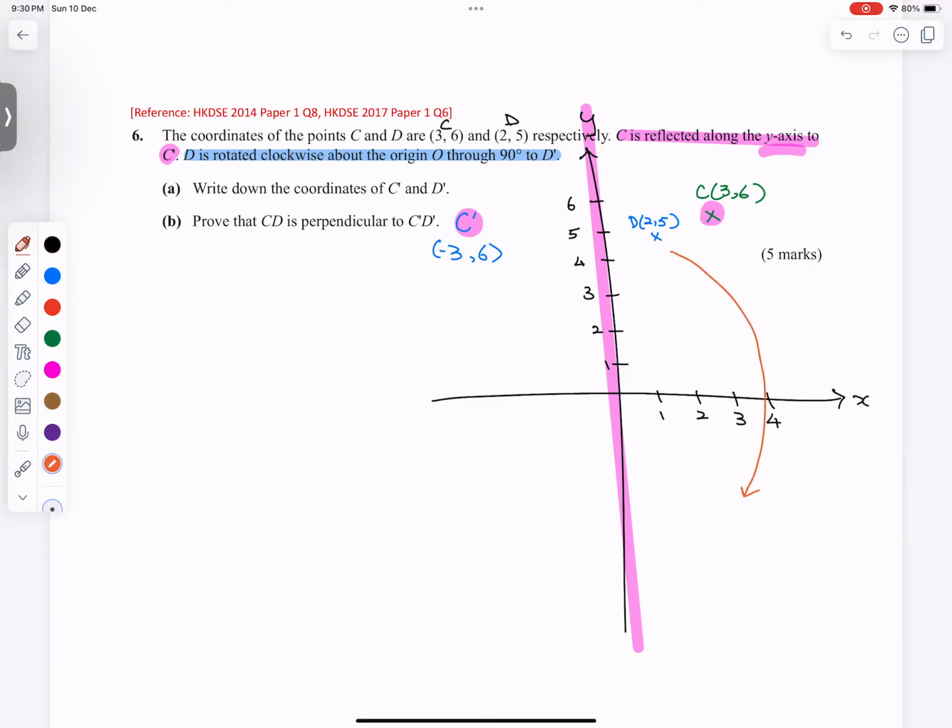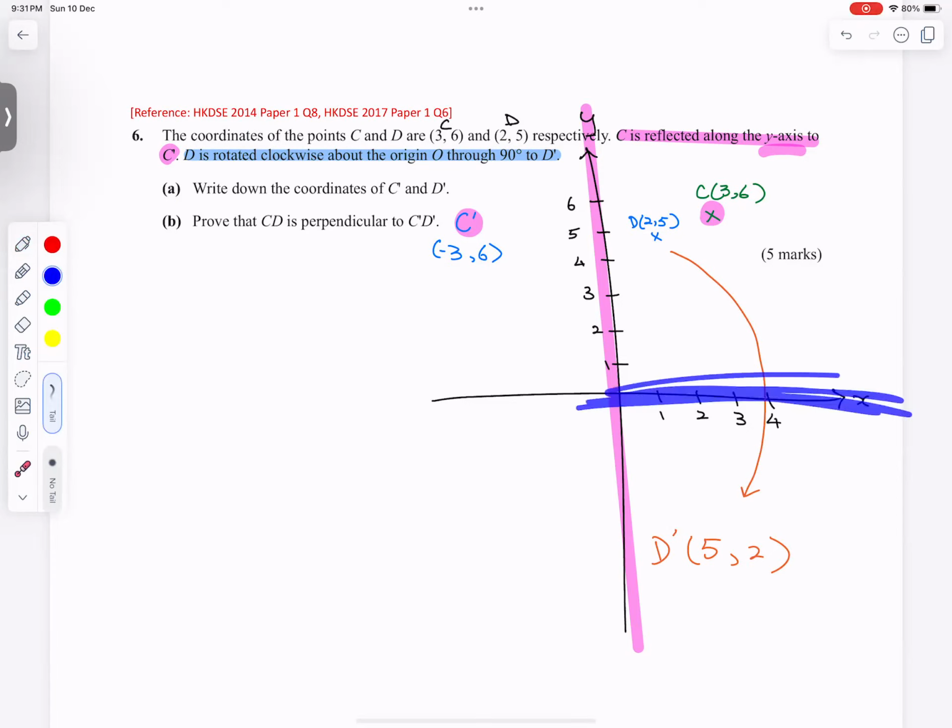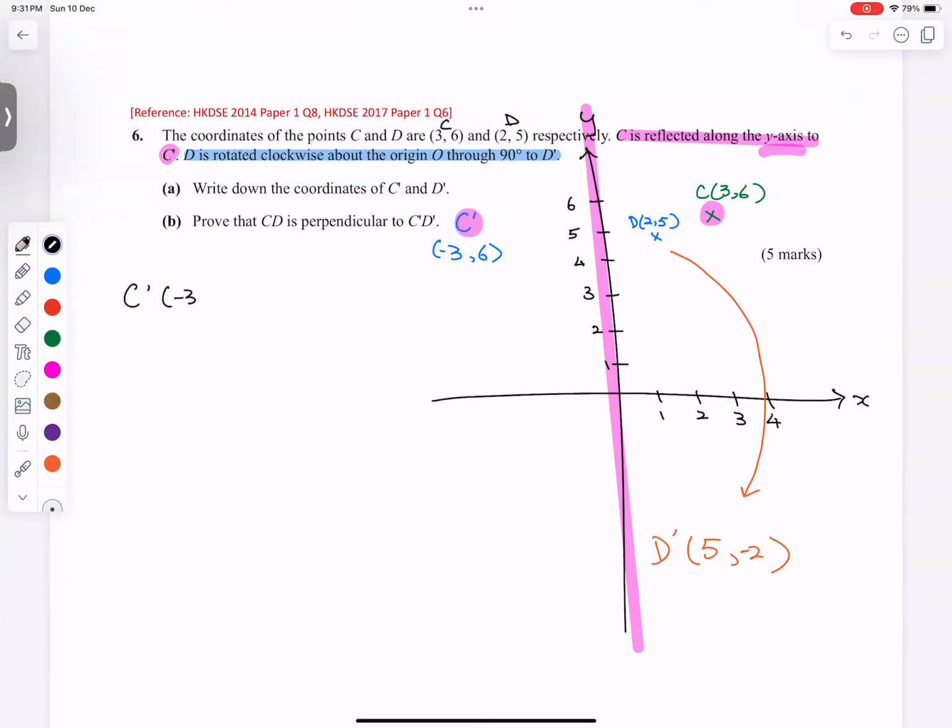And then every 90°, we switch numbers as well. After switching numbers, we need to decide whether it's positive or negative. X here is positive, so that's fine. Y here is negative. Okay, so you found your new C. You also find your new D.